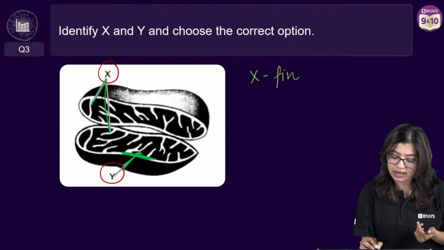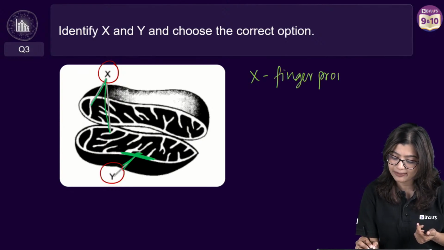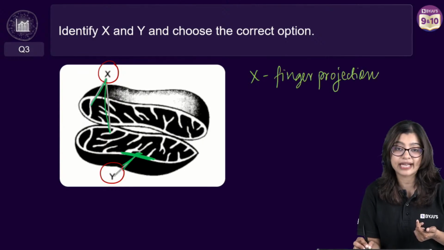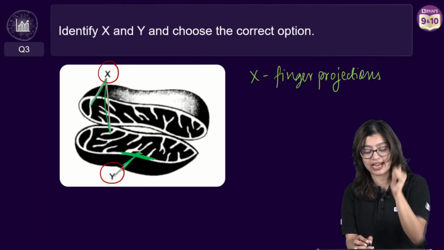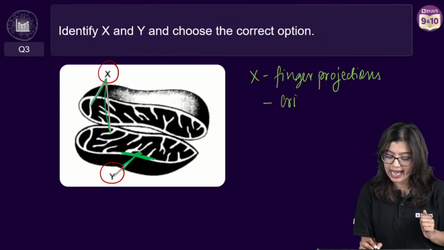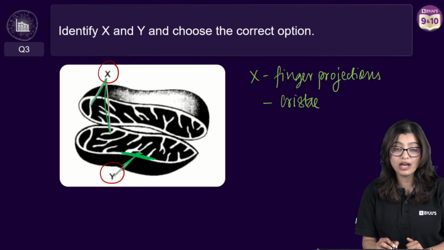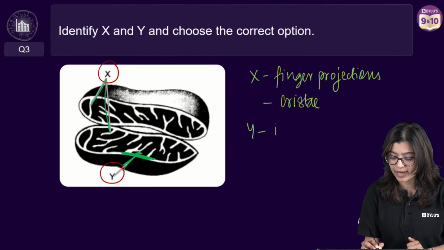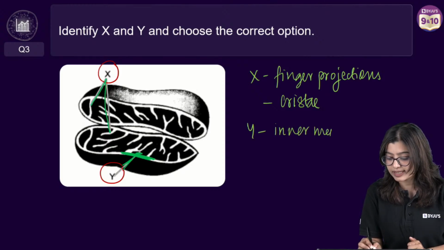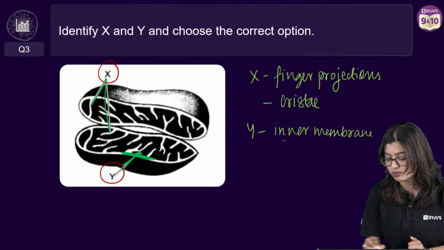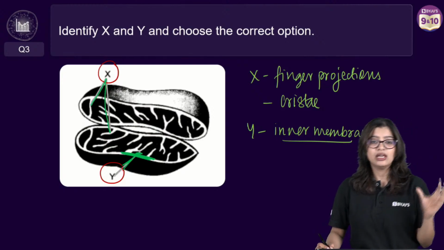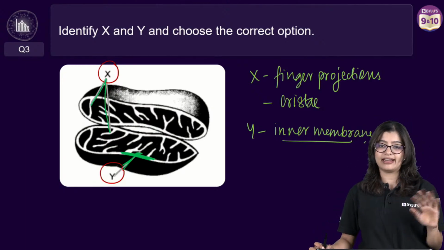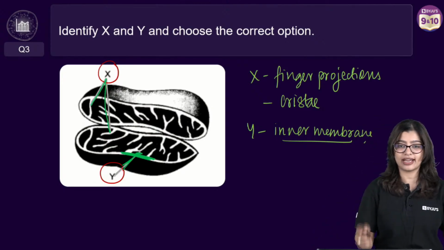What are these finger-like projections called? Very good Tanya, they are called cristae. And here Y is pointing towards the inner membrane. That's a small incorrect labeling that is there. It's not the matrix, it's pointing towards the membrane.